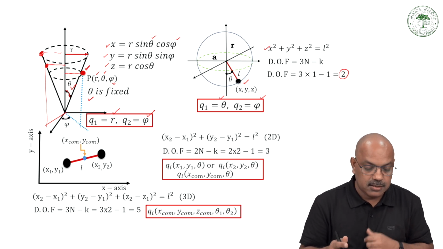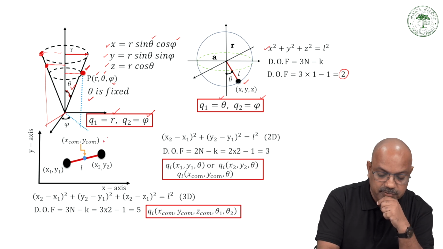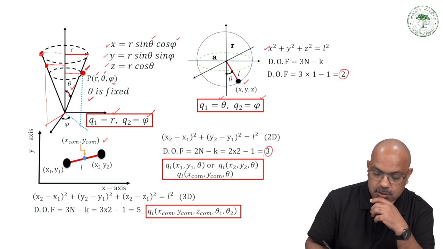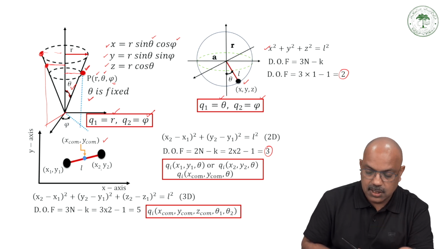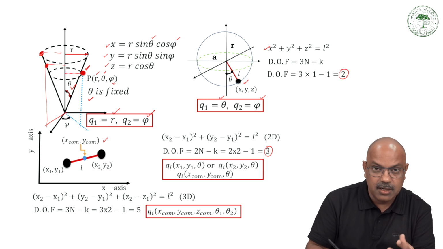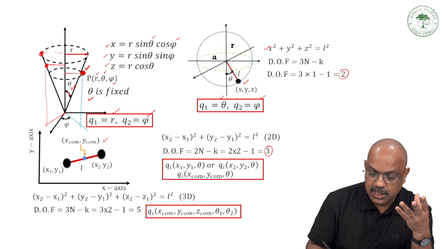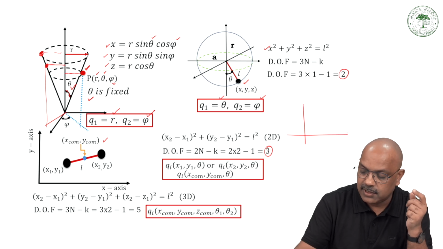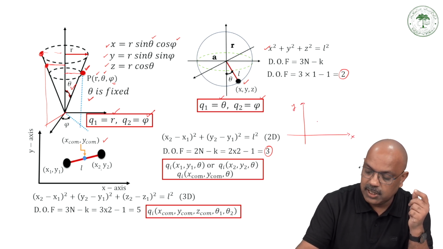For the dumbbell case, as we talk about the center of mass, in 2 dimensions we have 3 degree of freedom. One thing is very important in this case. One option for the generalized coordinates could be x1, y1. So this is x1, y1, and say this is my x2, y2.